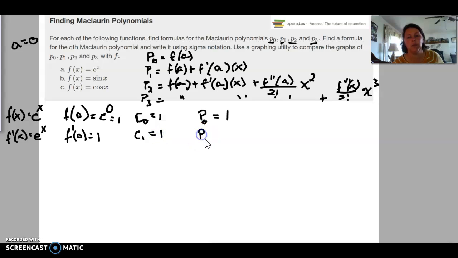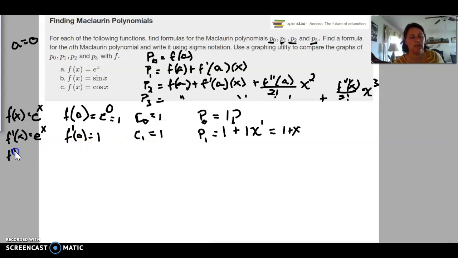And our polynomial of degree 1, make sure to bring that down, is 1 plus f prime of a, which f prime of 0 in this case is 1, times x to the first power. So we get the polynomial 1 plus x.